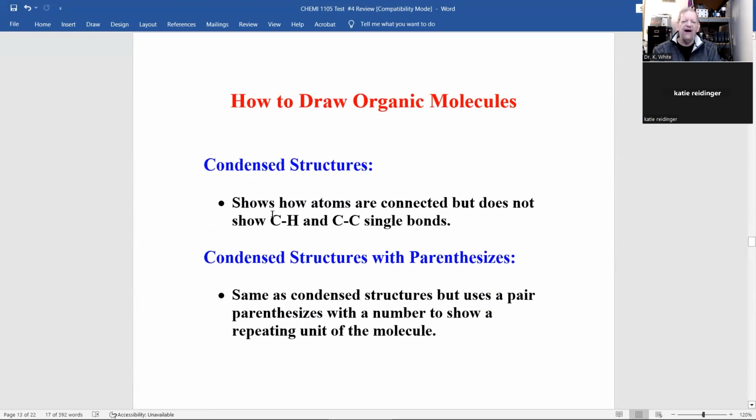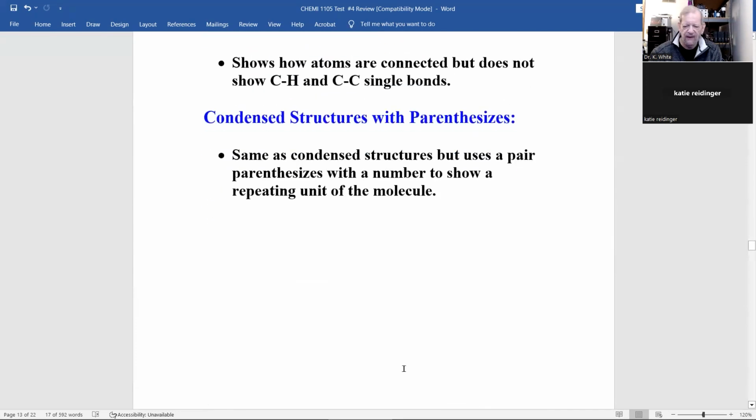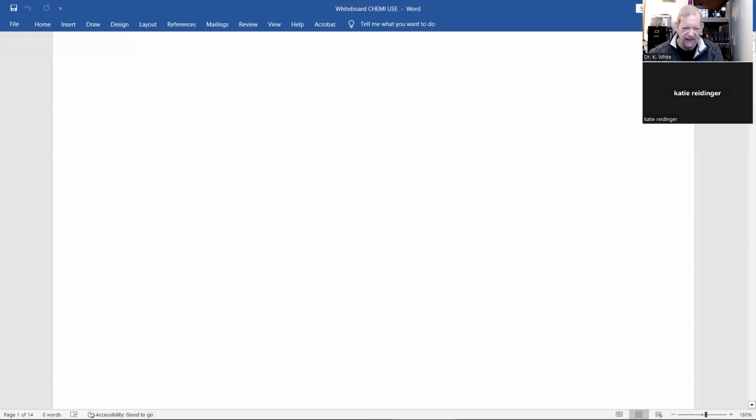All right, now, when you draw organic molecules, for this class we normally use condensed structures. That shows the carbon atoms bonded together, but condenses the hydrogens on a carbon. What you should know how to do is draw in the hydrogens for the following molecule.